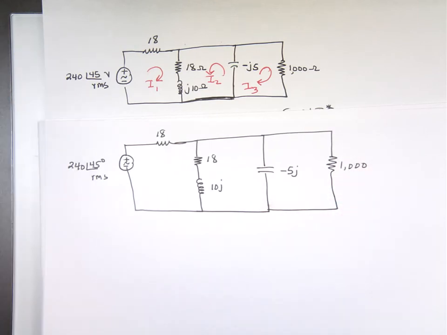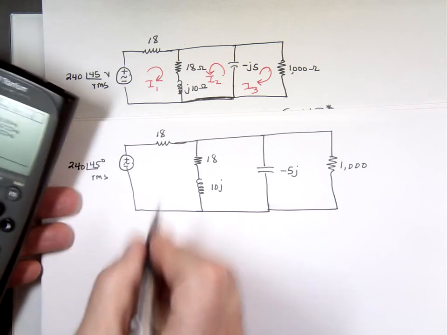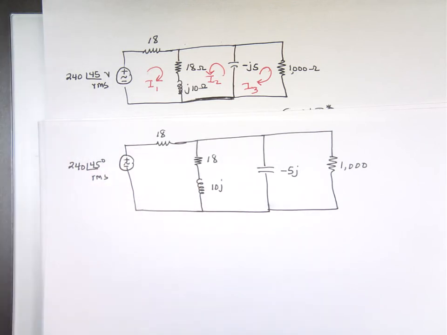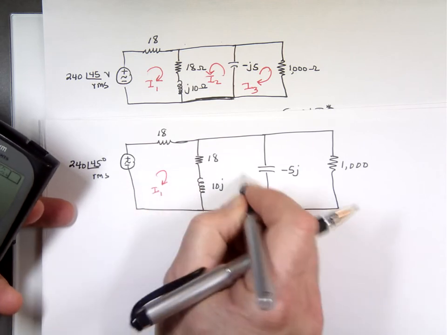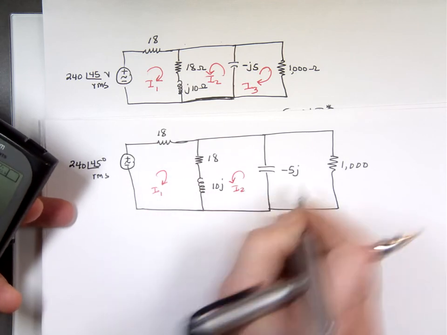So what the calculator gave me for I sub 1, this is I sub 1 here. This is I sub 2. This is I sub 3.